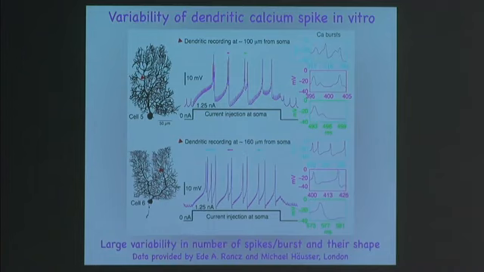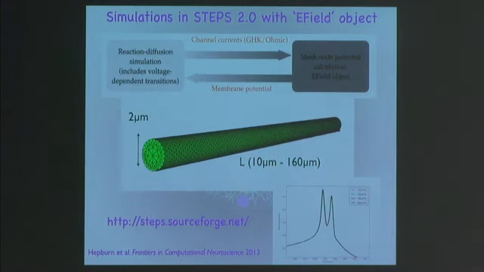And so the hypothesis we're going to pursue is that it's actually stochasticity of the gating of the ionic channels involved in causing this bursting behavior. We've been developing this software called STEPS, which does the spatial Gillespie on tetrahedral meshes.